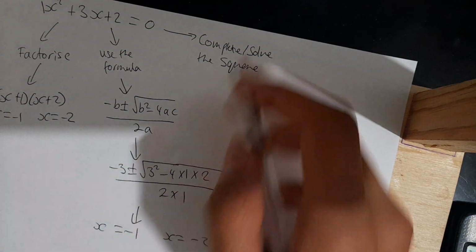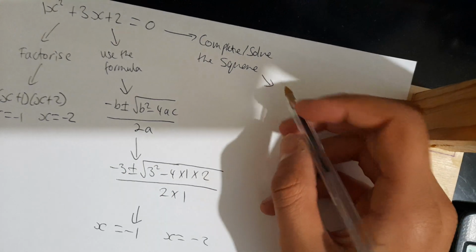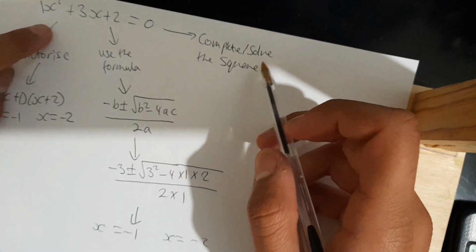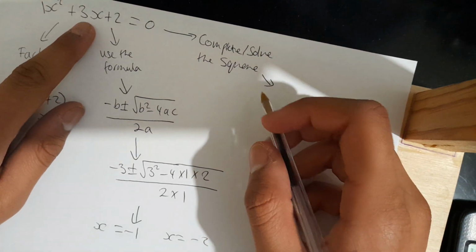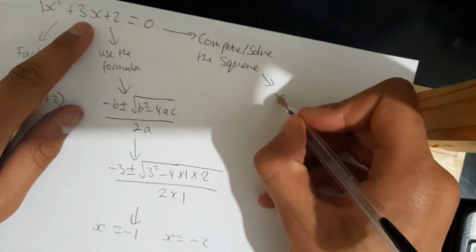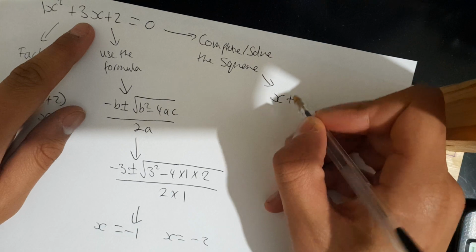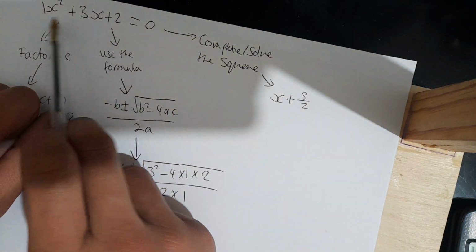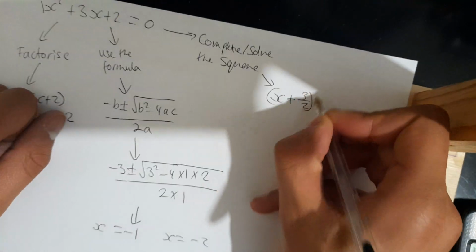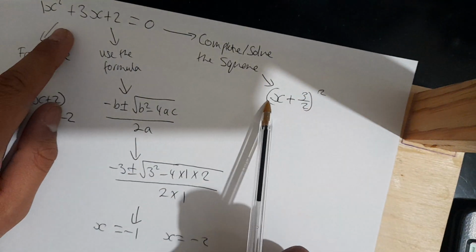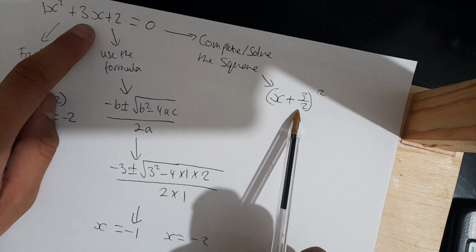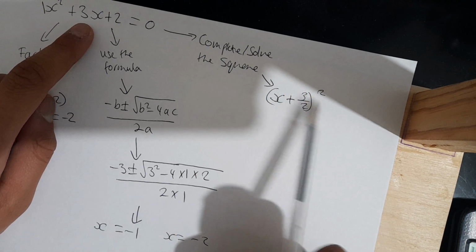And then completing the square, we all know how to do that as well, hopefully. So we get the x squared and we half this value here. So it becomes x plus 3 over 2, and we get rid of one of the x's and square it. So just to see what I've done here, turns x into an x squared and half this and squared that all.